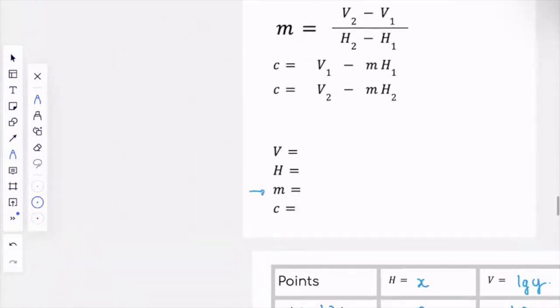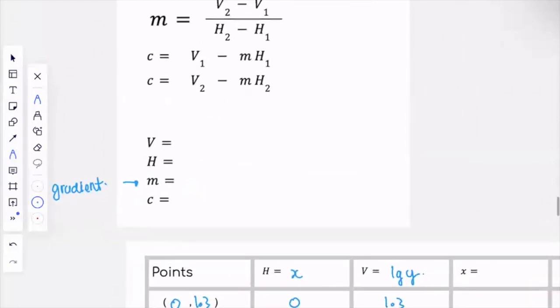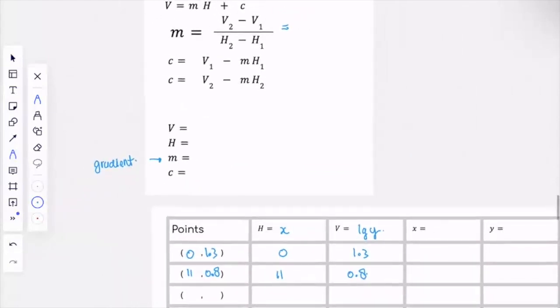Then we can calculate the gradient, or m. This m is the gradient of the graph. The formula is m equals phi2 minus phi1 over h2 minus h1. So 0.8 minus 1.3 over 11 minus 0.